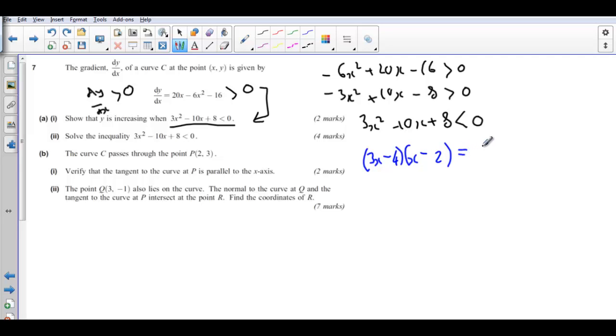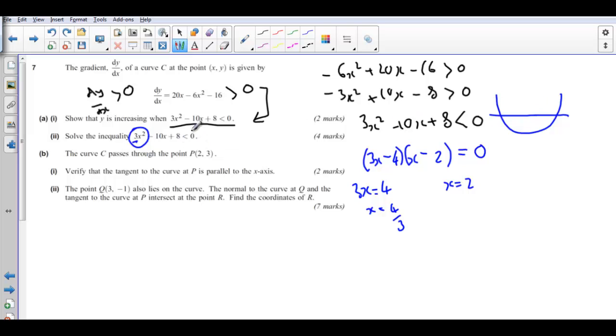Okay, so when is that equal to 0? There are critical values. That's going to be equal to 0 either when x is equal to 2 or when 3x is equal to 4, in other words, x is equal to 4 over 3. So when we solve this, when is it less than 0? Well, because it's a positive x squared coefficient, here comes our diagram, it's a happy curve.